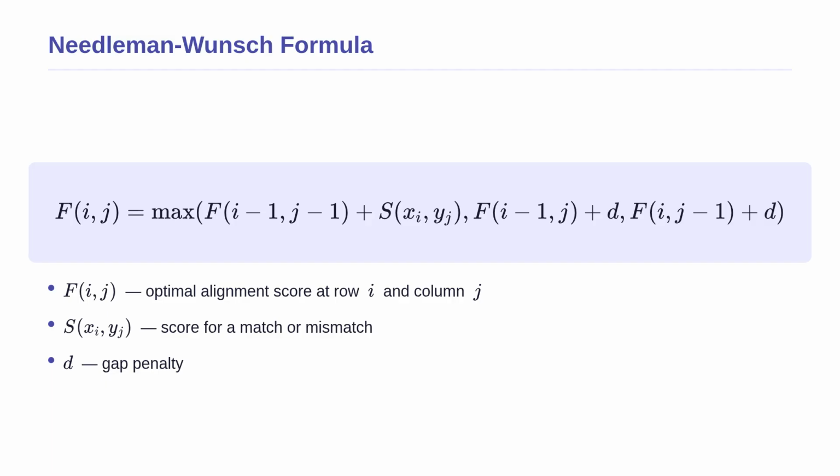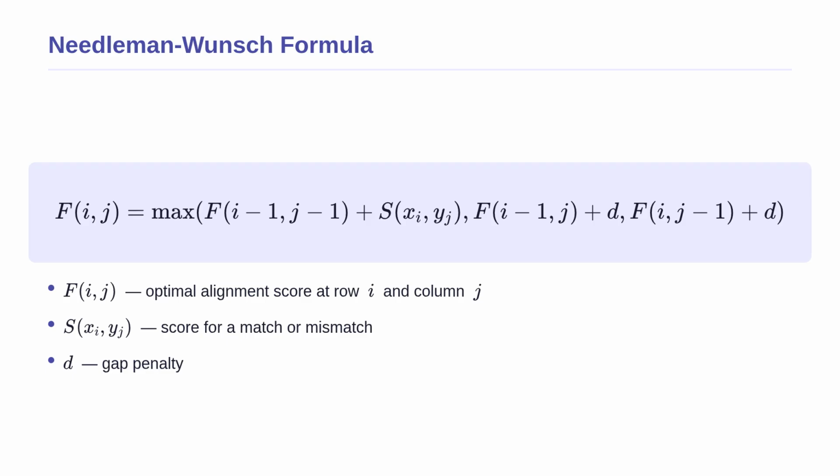Here is the elegant formula that drives global alignment. Conceptually, it looks at three possible moves to reach the current cell and strictly chooses the one that gives the highest score. The term f(i, j) represents the optimal alignment score at the current row and column.